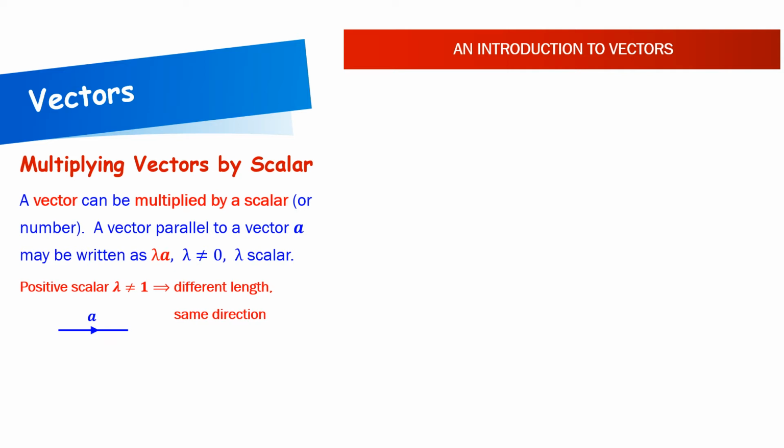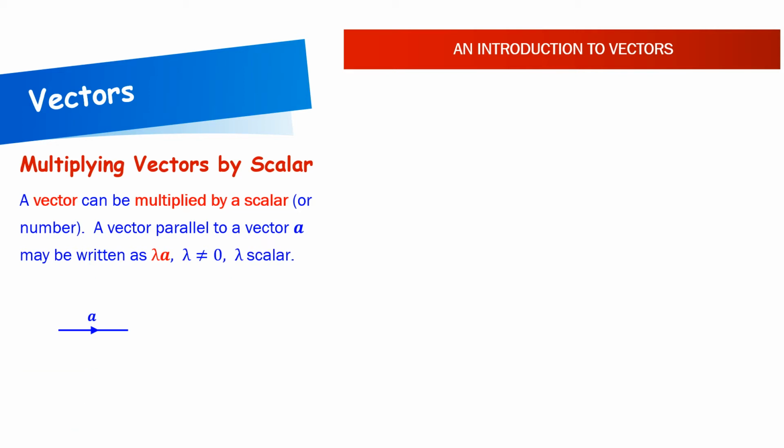Then we have a different length but the same direction. So here's 2a, double the length but the same direction. And here's half a, so half the length but the same direction again.